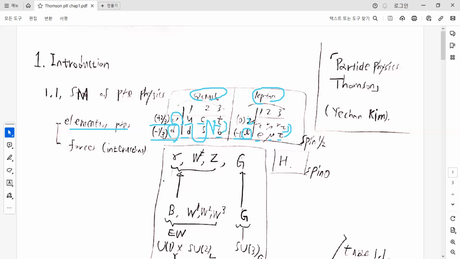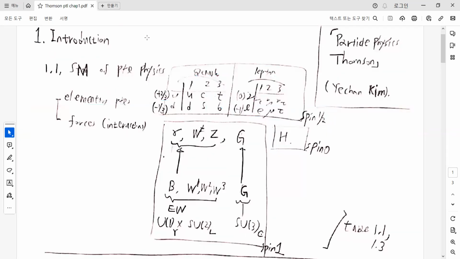These elementary particles have spin 1/2, but the bosons, the force carriers of the interactions, have spin 1 or spin 0. First of all, for the spin 1 gauge bosons, there are four kinds: the photon for the U(1) EM, the W plus and minus for the charged interaction, the Z for the neutral interaction, and the gluon.